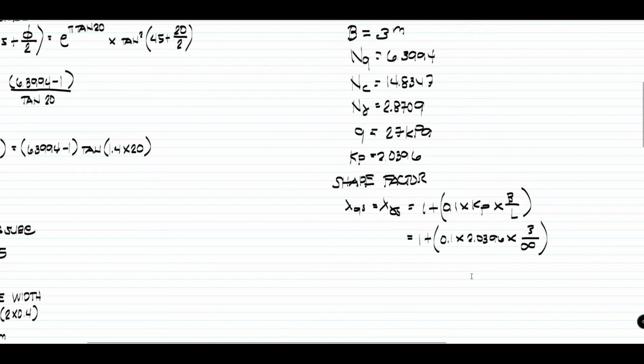So, as you can see, any number divided by infinity will be 0. So, this means that automatically lambda QS and lambda gamma S will still be 1.0.